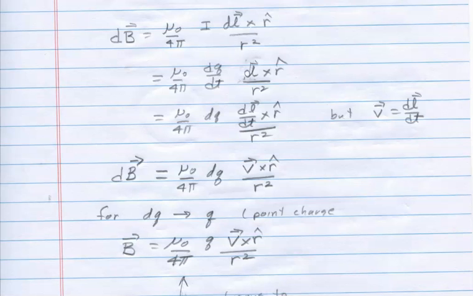Now if you look at that formula, obviously if the charge is not moving, if it's static, then there's no velocity, and so there's no magnetic field.